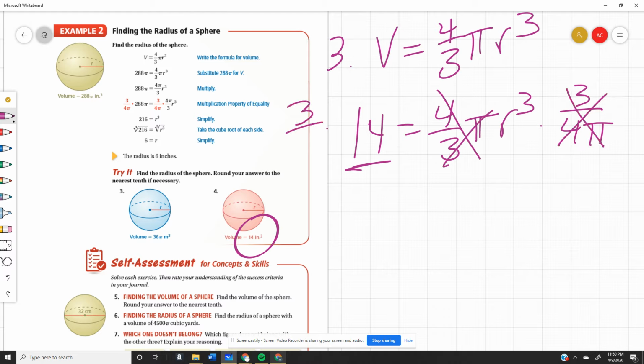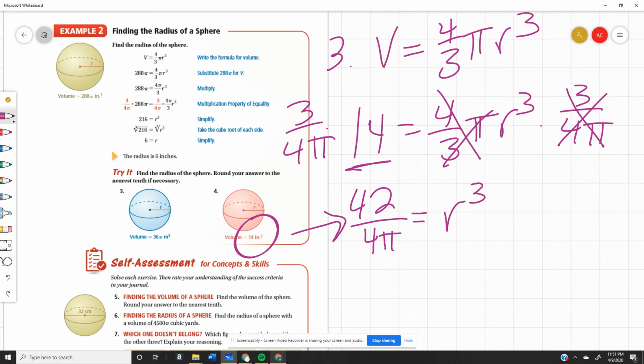So 3/4 pi. Okay, so 3 times 14 is going to give me 42/4 pi. And I'm going to leave it like that, equals r cubed. And then I'm going to plug this part right here into the calculator, okay?